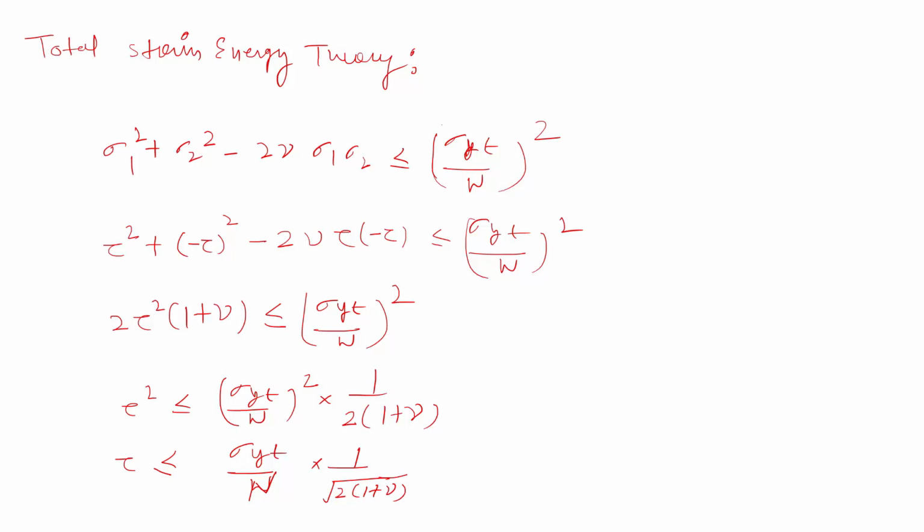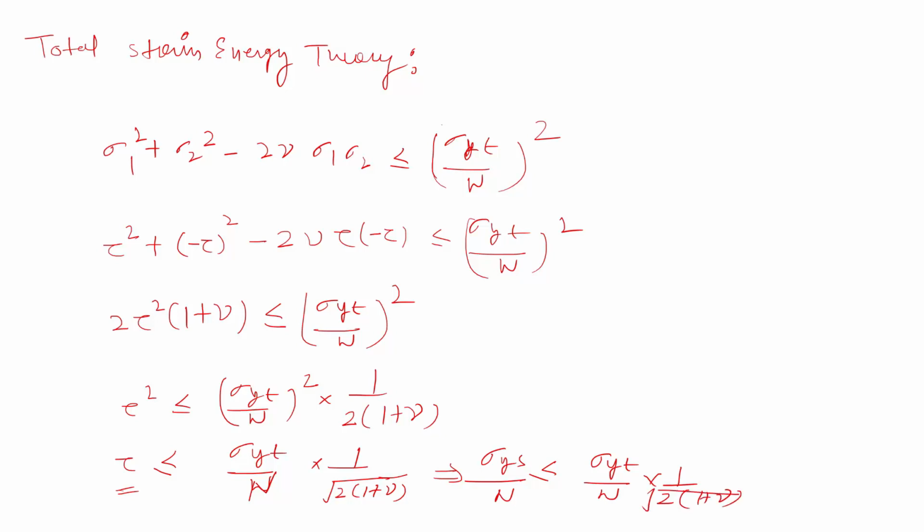So this tau is sigma ys over n, must be less than or equal to sigma yt over n times 1 over 2 times 1 plus mu under root.